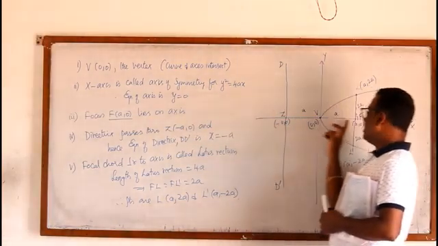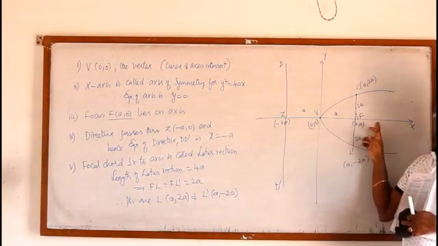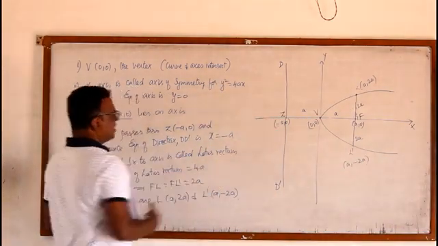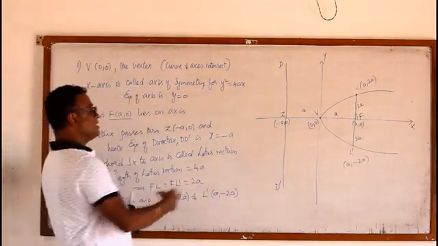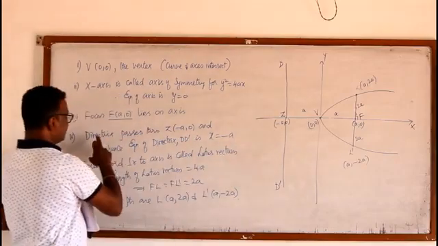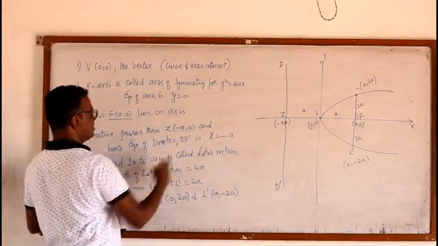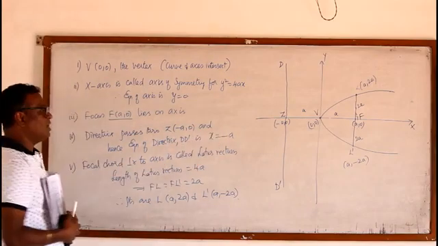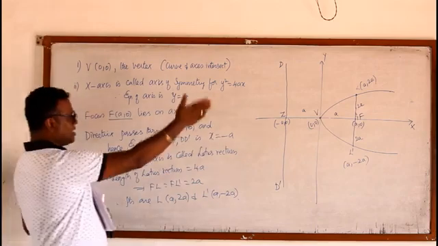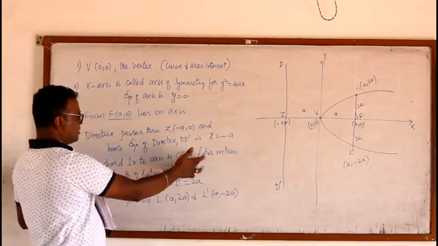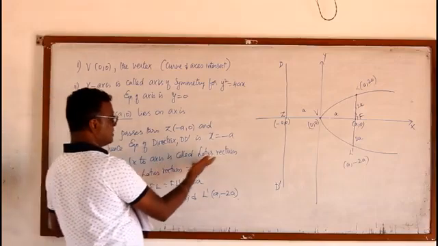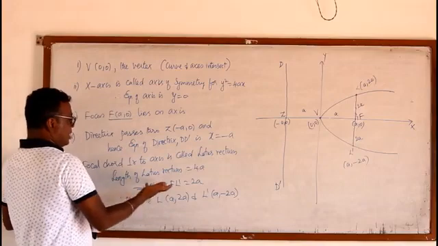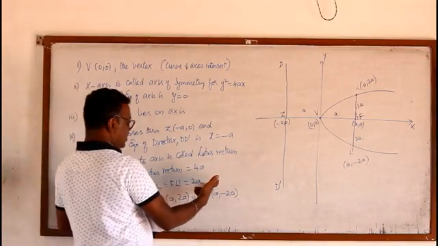Focus lies always on the axis, and therefore a comma 0 is the focus. Directrix is exactly opposite the focus, passing through minus a comma 0. Therefore the directrix passes through Z of minus a comma 0, and its equation is x equal to minus a, because it is parallel to the y-axis. Then the focal chord perpendicular to the axis is called latus rectum, and the length of the latus rectum is 4a, such that FL equal to FL dash is equal to 2a.